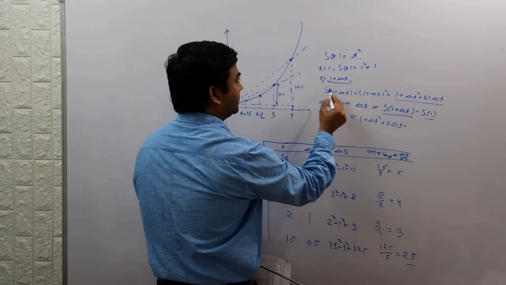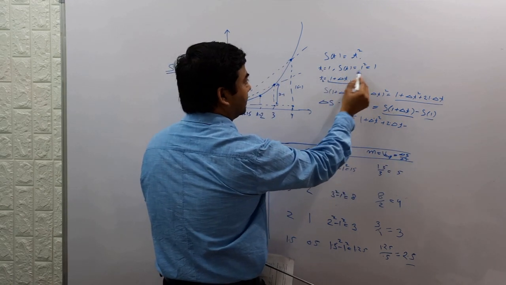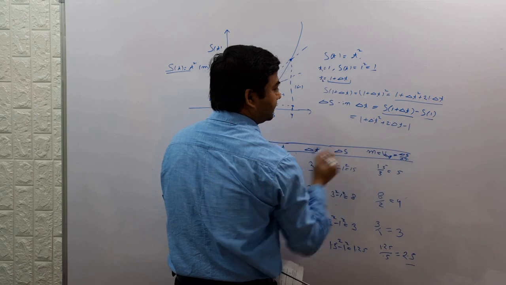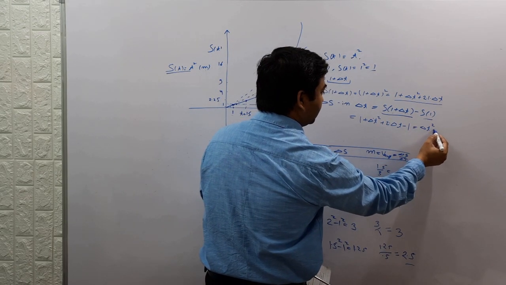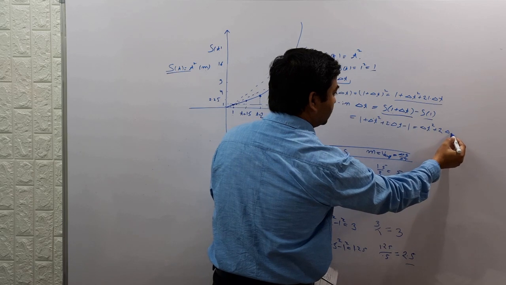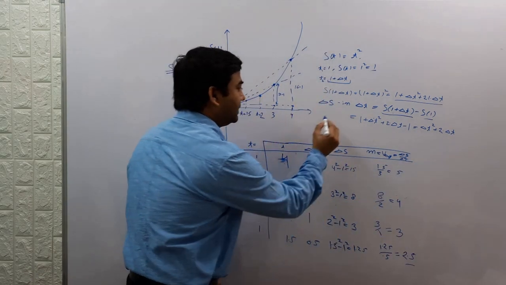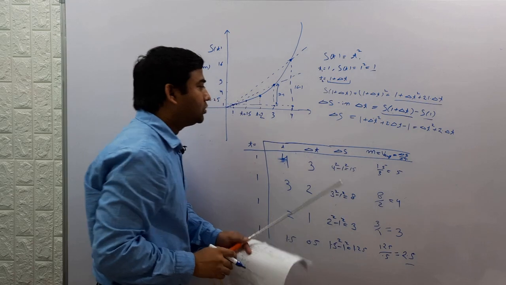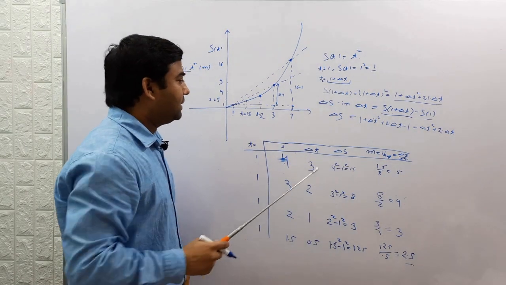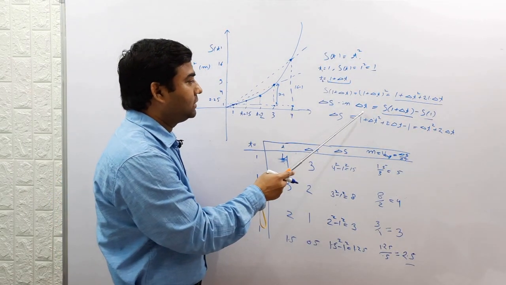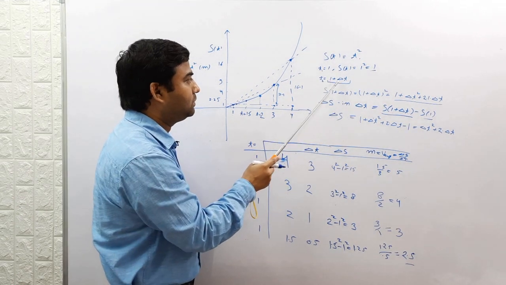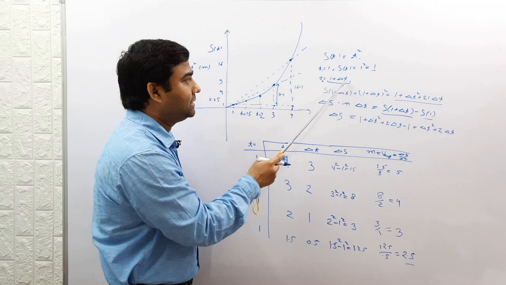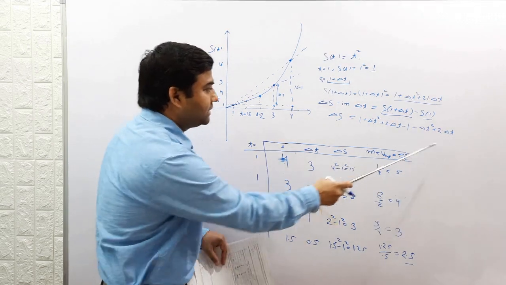S1 is 1. So this is equal to delta t square plus 2 into delta t. Delta s is this. So displacement covered by particle between t equal to 1 to t equal to 1 plus delta t, that is in delta t time interval, is this.